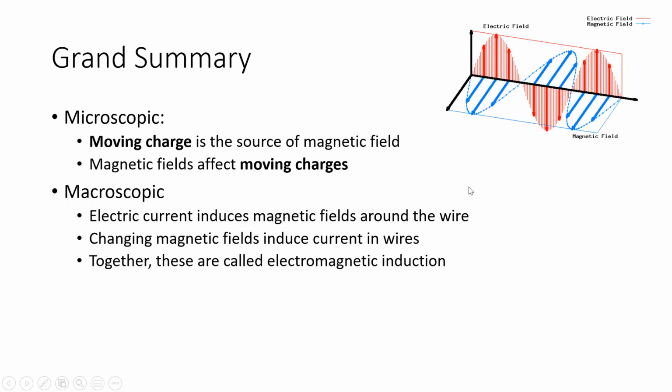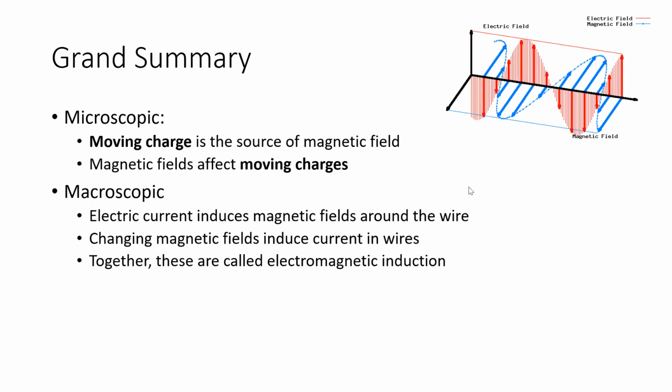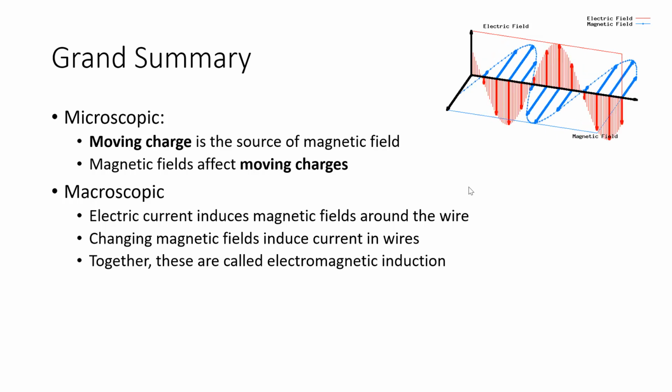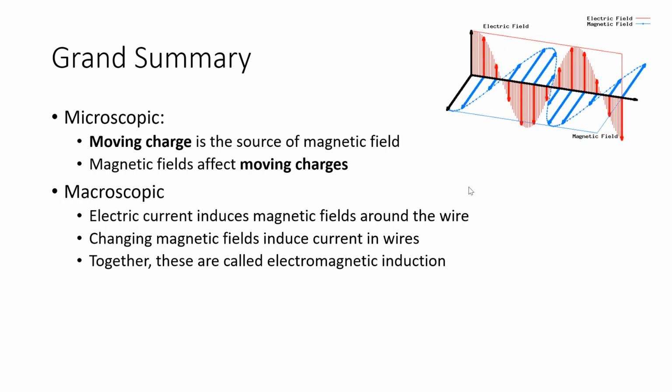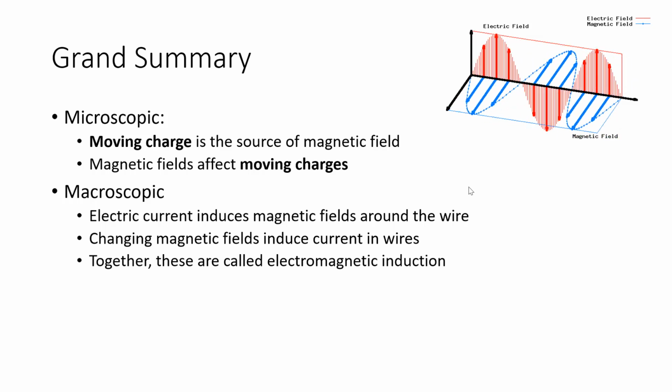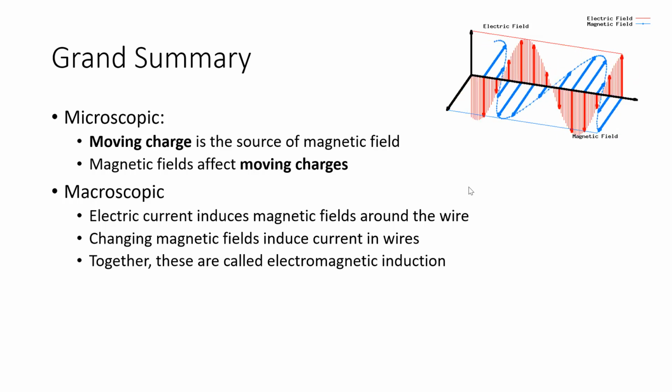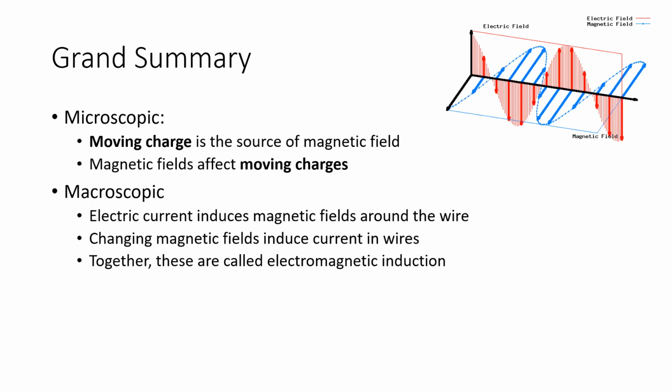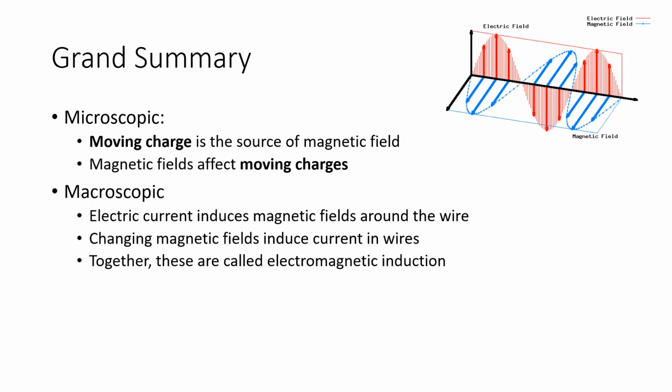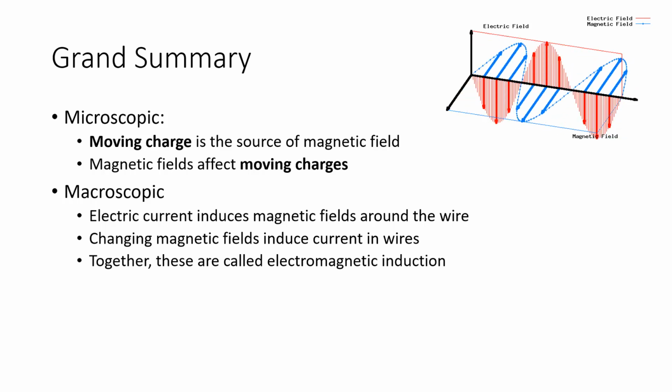Okay, so in summary, we have two ways of thinking about magnetism and electricity, the microscopic way and the macroscopic way. The microscopic way says, if we have moving charge, that's the source of magnetic field. In all of our demos, we were looking at currents creating magnetic field, but current is just moving charge.